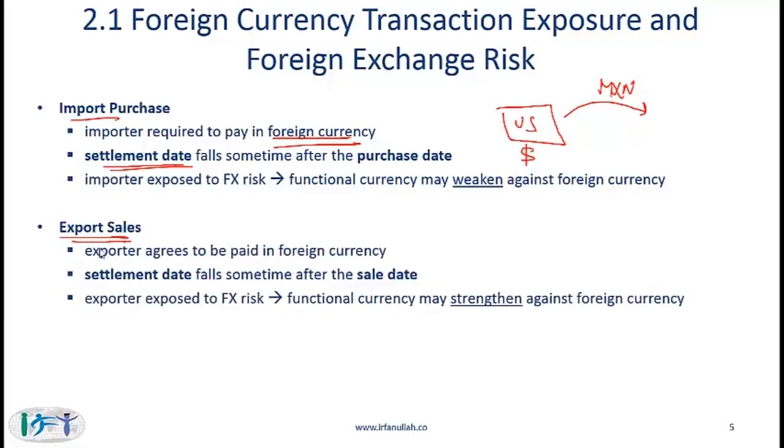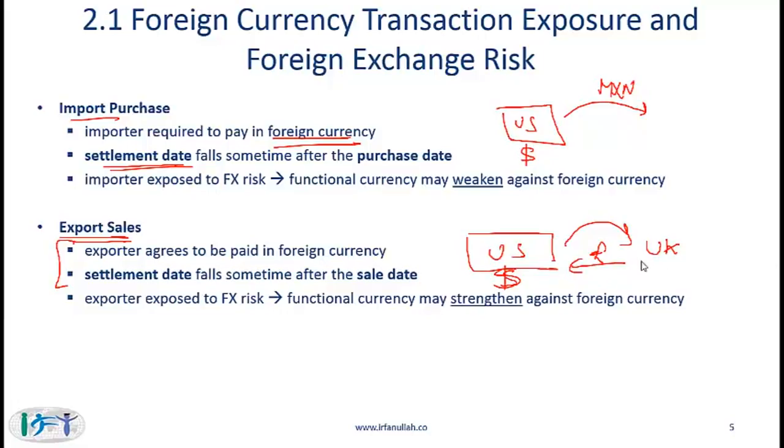With an export sale, there is foreign exchange risk if these two conditions hold. The exporter agrees to be paid in the foreign currency and the settlement date falls sometime after the sale date. Again, let's go back to the US company with dollar as the functional currency. Let's say that this company exports goods to the UK, which means that the payment will be made in pounds.